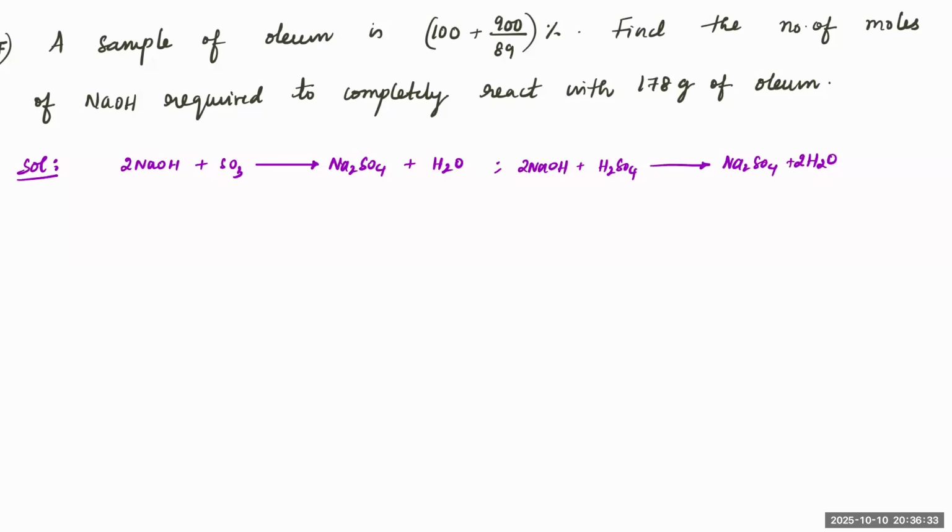And now you can see for every 1 mole we require 2 moles of NaOH. So that means whatever be the number of moles of NaOH total, that total has to be twice the number of moles of SO3 plus number of moles of H2SO4, in bracket, right?